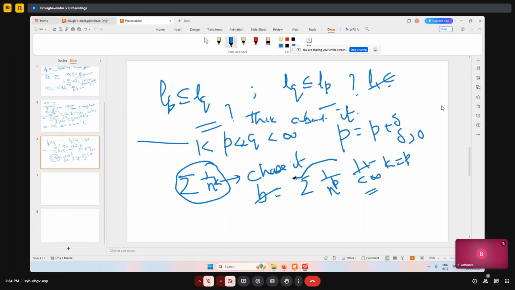So if you take this sequence 1 over n raised to 1/p, it is in L1. If you slightly reduce this p, summation 1 over n raised to say p minus half, right?